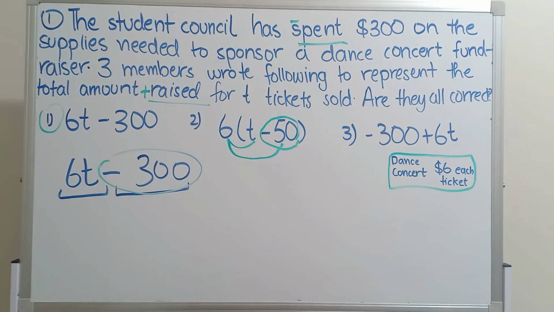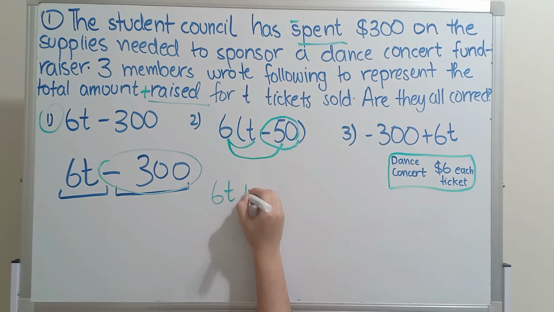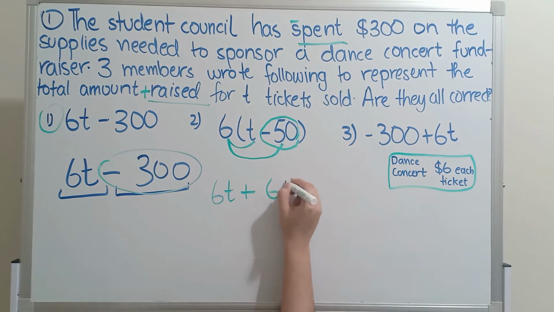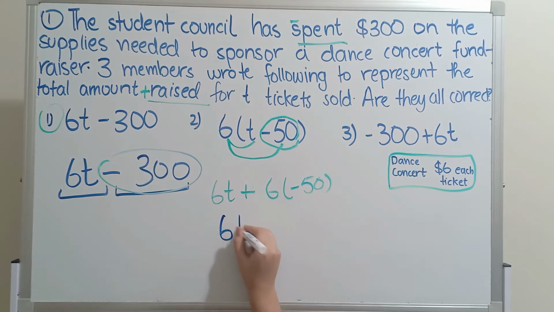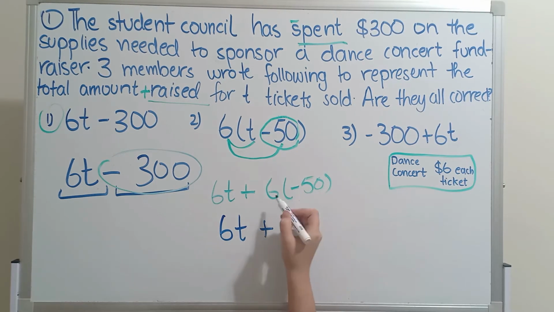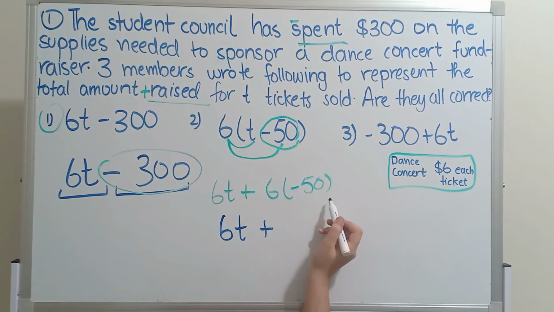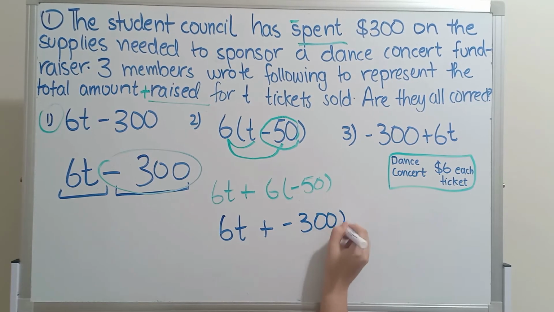So it's the entire number. Now we multiply 6 times T plus 6 times negative 50. If we do that, we will get 6T plus negative 300.